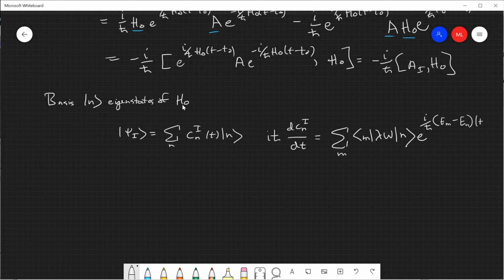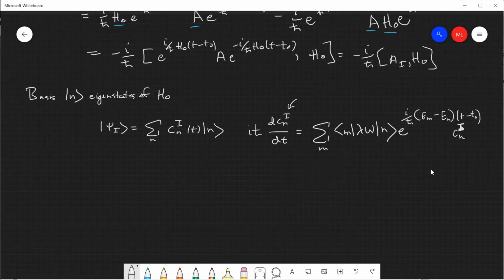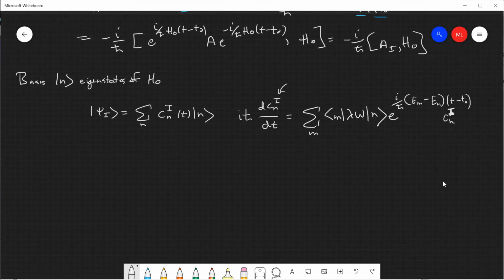And this is evolved from t naught to t. Sorry, this is the Schrodinger equation for the coefficients, the interaction picture ones, same as these. So that's the differential equation that they satisfy.